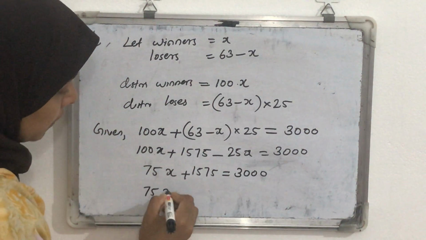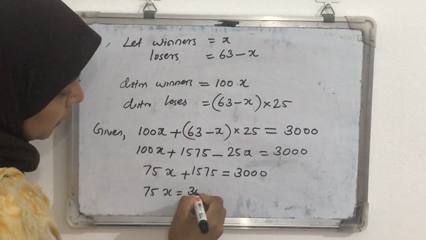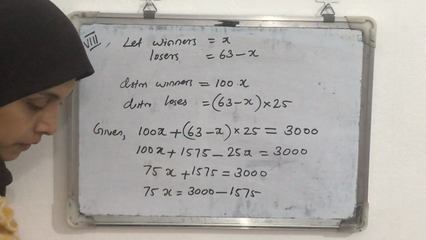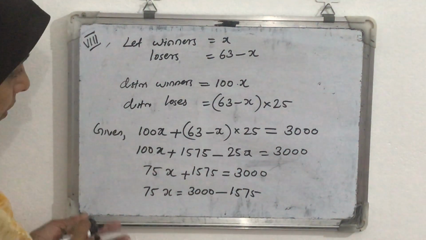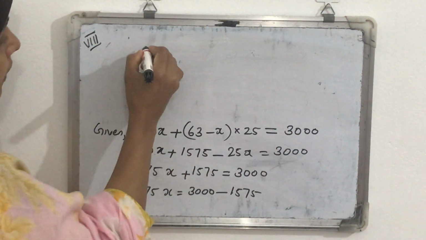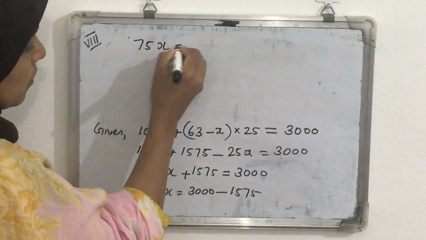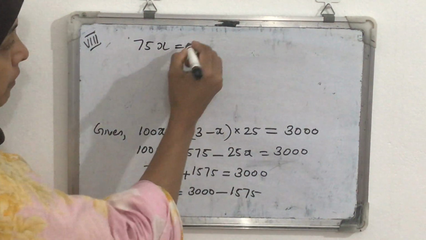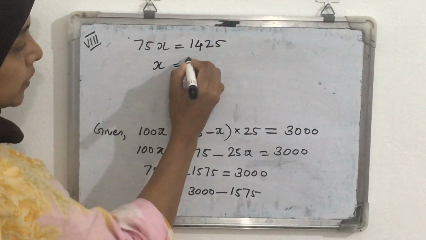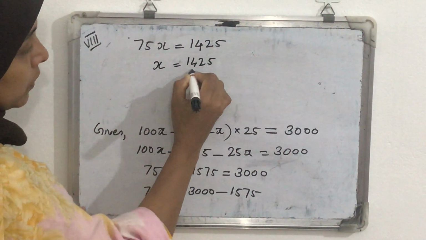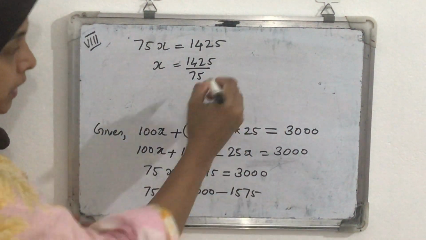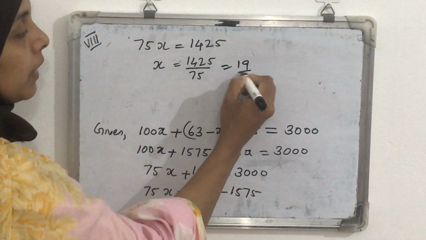That means 75x equals 3000 minus 1575. After simplification we will get 75x equal to 1425, so x equals 1425 divided by 75. Its value we will get as 19.